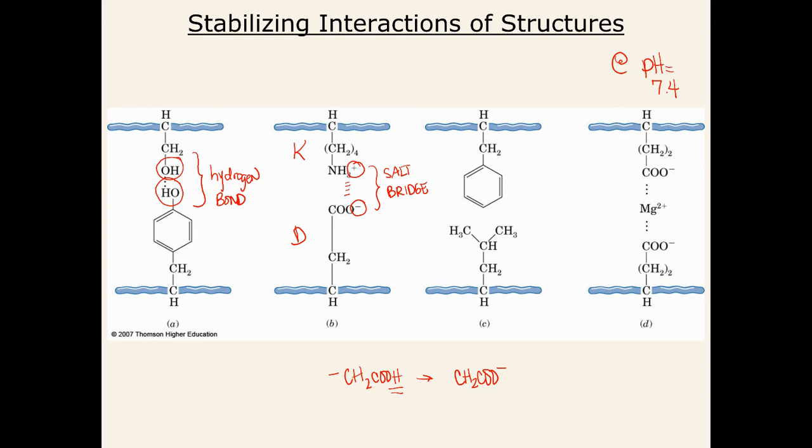Now we have these two amino acids interacting. Can you determine what you think the amino acids would be as far as what properties they might have that might cause them to attract to one another?